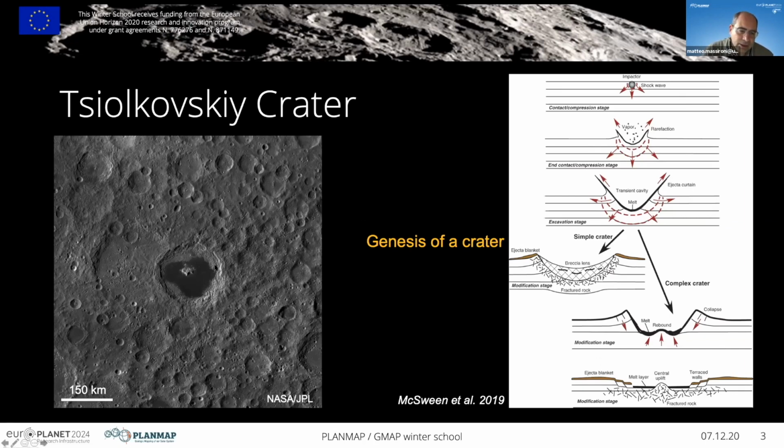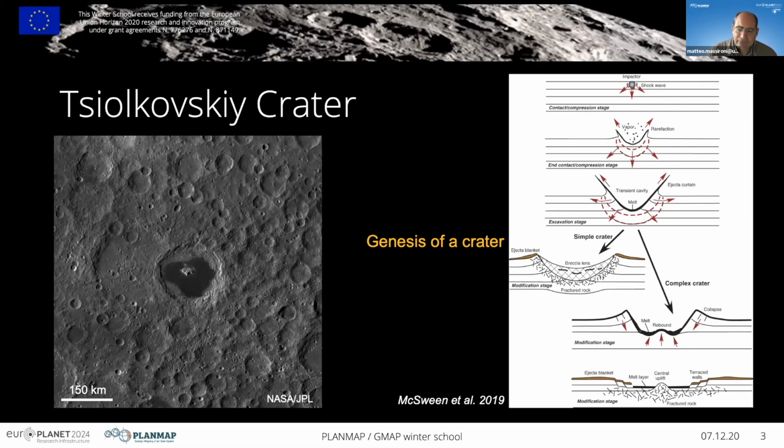In particular, in the image to the left, you see very well the rim border, and along the rim border you see the walls and some terraces that are due to this effect. Within the crater itself, they may form volcanic emplacements, or even impact melts.